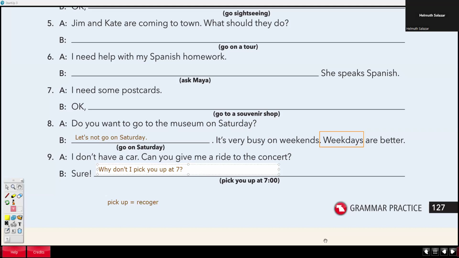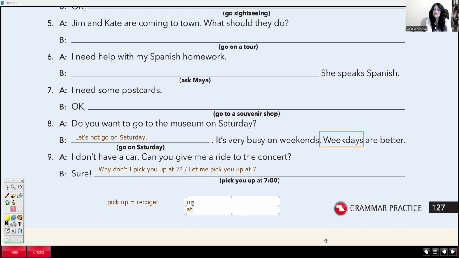Teacher, could I say, let me pick you up at 7? Yes, that's perfect. Let me pick you up at 7. Teacher, what is the difference in the pronunciation between up and at, when we pronounce the two words very short?